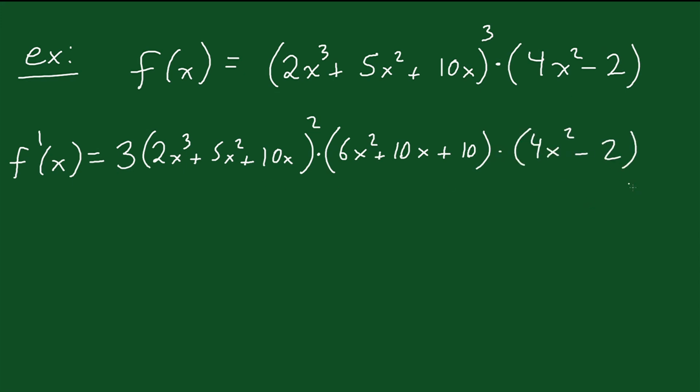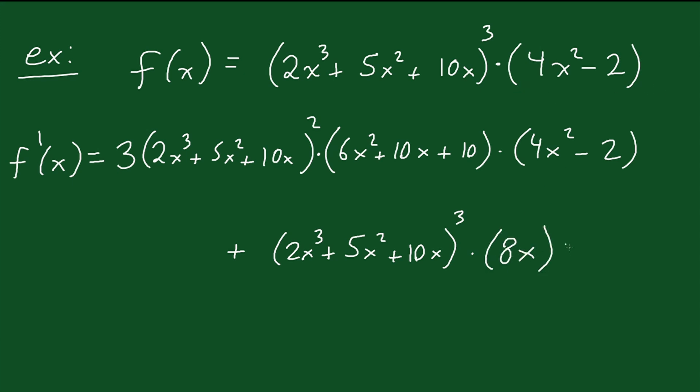So now we're half done, right? We did the derivative of the first part times the second part unchanged. Now we're going to add the first part unchanged, so just 2x cubed plus 5x squared plus 10x cubed times the derivative of the second part, which becomes 8x, and that's it.